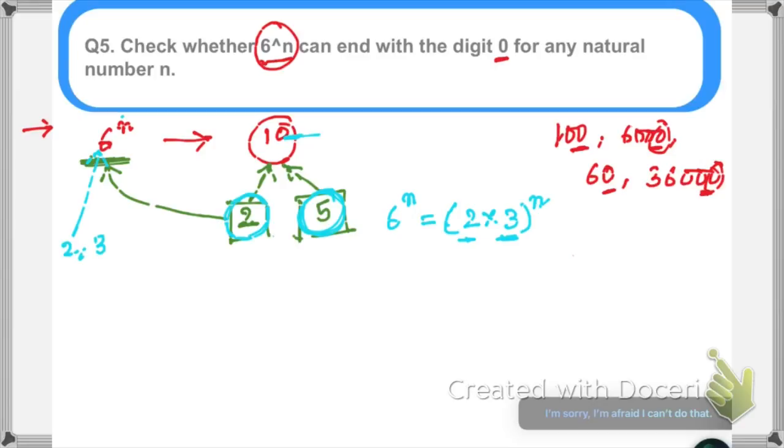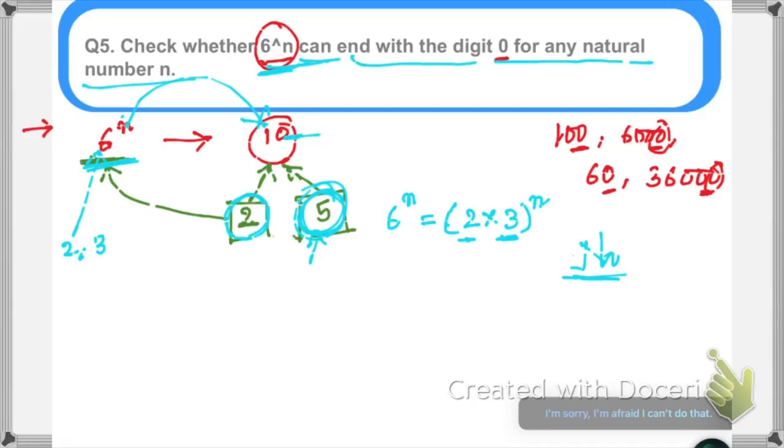So it will not be divisible by 5, means 6 to the power n cannot end with digit 0. So the answer will be no. That is, no, 6 to the power n cannot end with the digit 0 for any natural number n. Moving on to the next question.